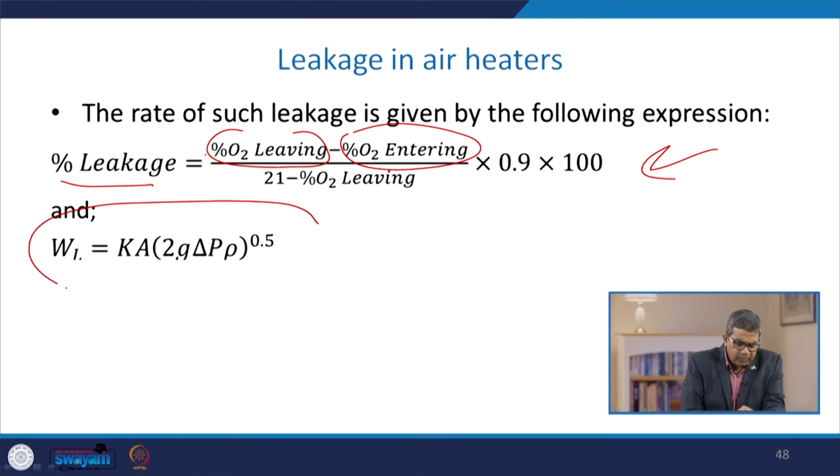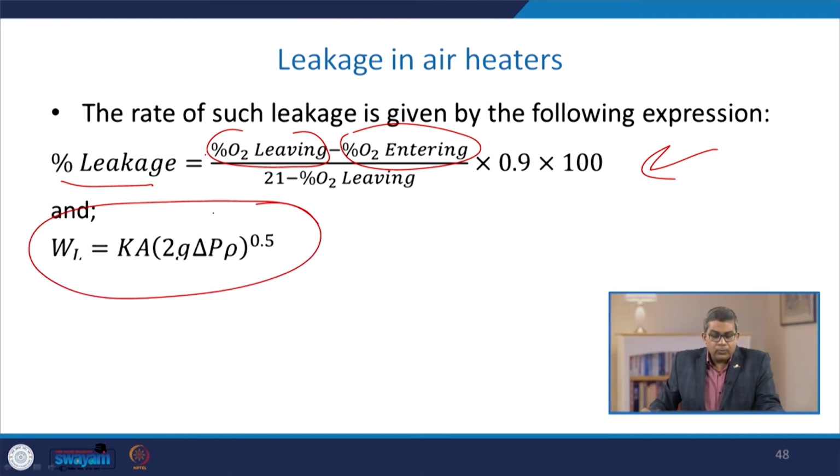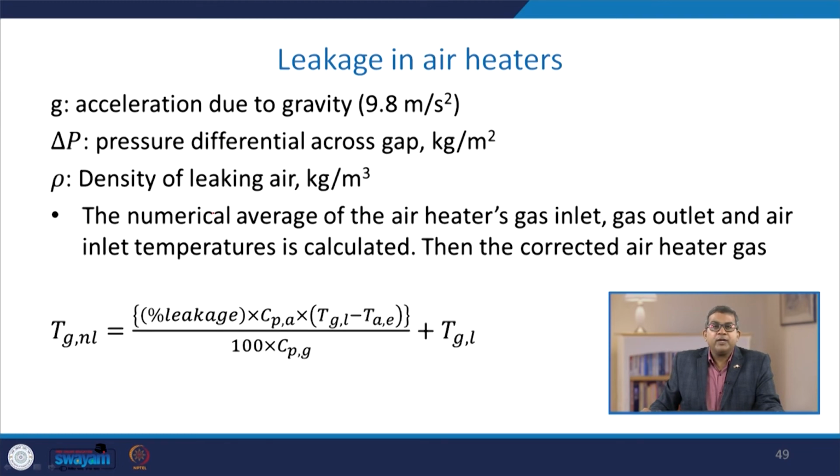And WL, that is K, is equal to (2g delta P rho) to the power 0.5. Here g is the acceleration due to gravity, and the standard value is 9.8 meter per second square. Delta P is the pressure differential across the gap. Rho is the density of leaking air in kilogram per meter cube.